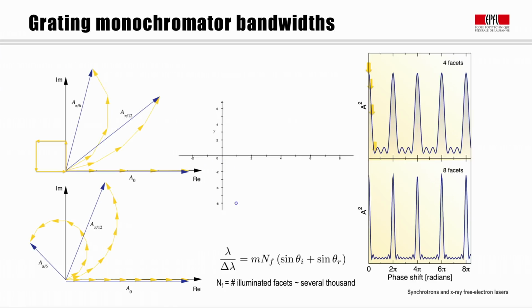Indeed, it can be shown that the relative bandwidth lambda divided by delta lambda is directly proportional to the number of illuminated facets, NF. In modern soft X-ray monochromators, NF can easily be several thousand, and bandwidths comparable and often superior to those demonstrated by crystals such as silicon can be achieved.